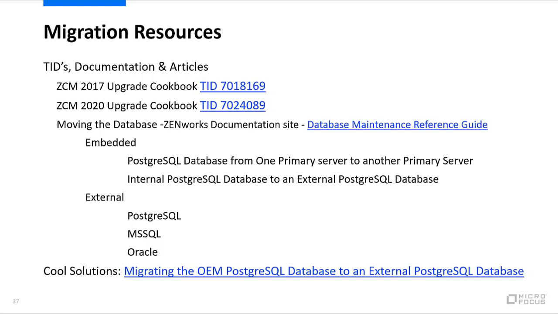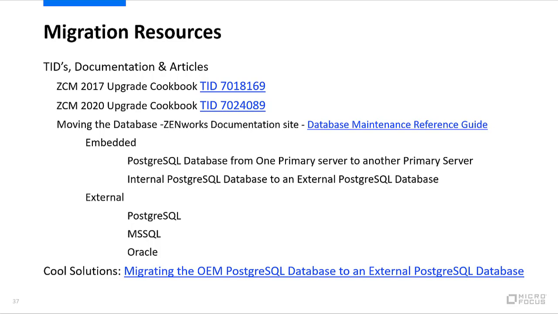If it's embedded, moving the PostgreSQL database from one primary server to another primary server is an option, and that's in the documentation. If it's embedded, there's an internal PostgreSQL database to an external PostgreSQL database. So those types of maneuvers are available. Also the same thing with external PostgreSQL, MS-SQL, Oracle.